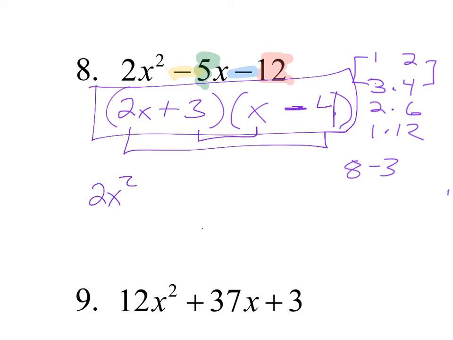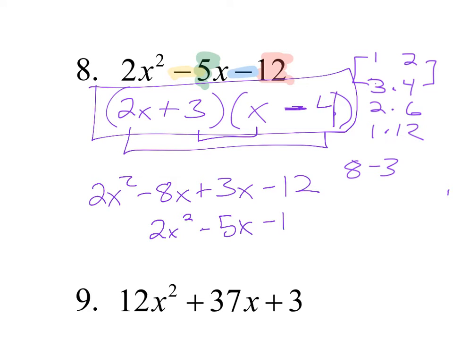Outer, 2x times minus 4 is a minus 8x. Inner, plus 3x. And lasts, minus 12. I put the negative 8x and the 3x together, I get negative 5x. And sure enough, that's my answer.